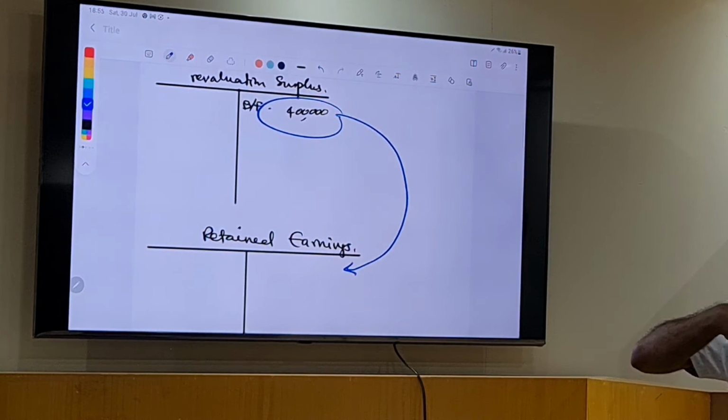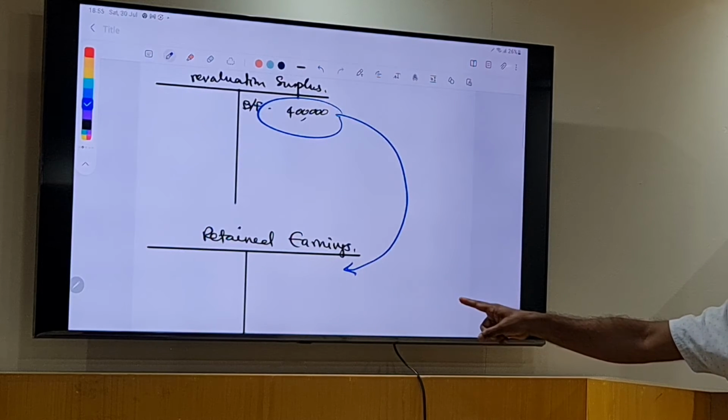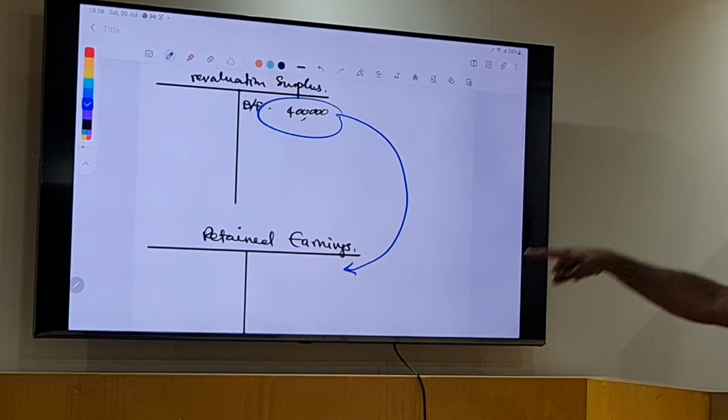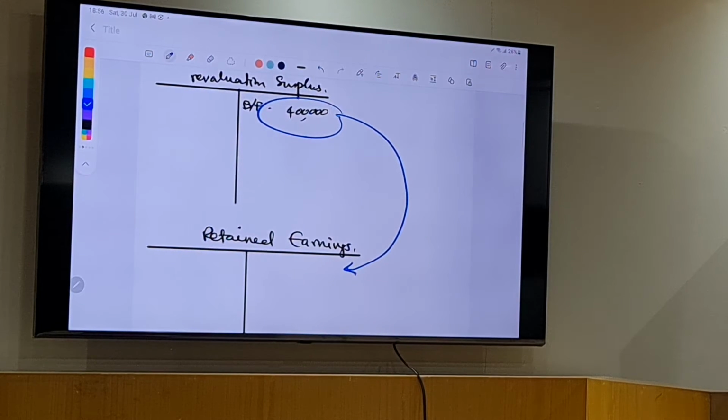If you debit here, normally, sir, retained earnings is a credit item or a debit item? Because you told me retained earnings is a profit. Retained earnings is another name for profit. So, your profit is a debit item or a credit item? Credit.